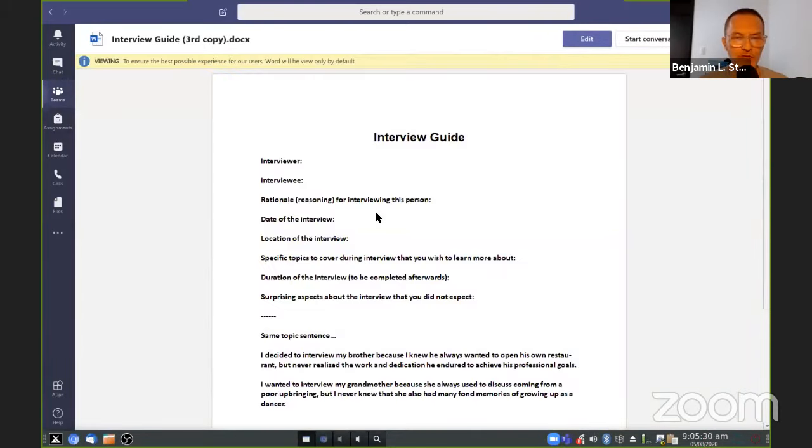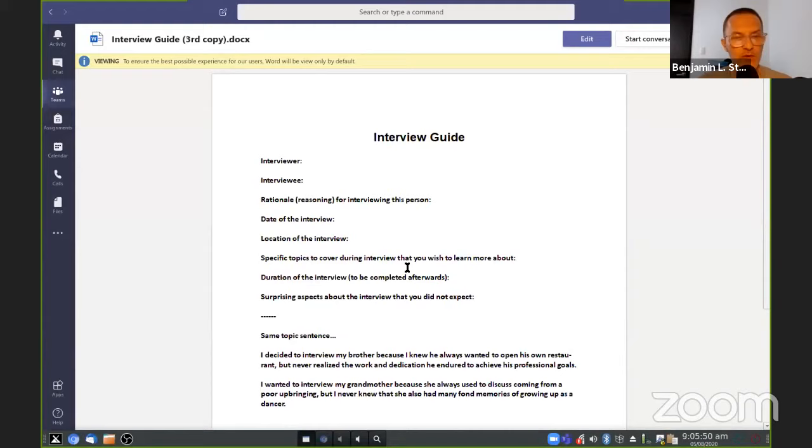All right. So remember that the interview guide that we started working on this past Tuesday had a section at the top that included general information about the interview. And this was still at the point where we were planning on the interview. We were preparing for the interview in order to try to get the most out of it.